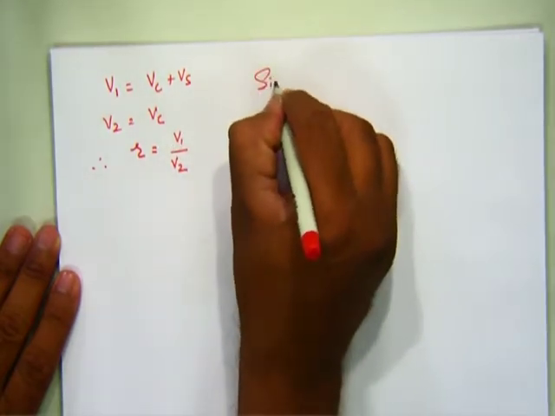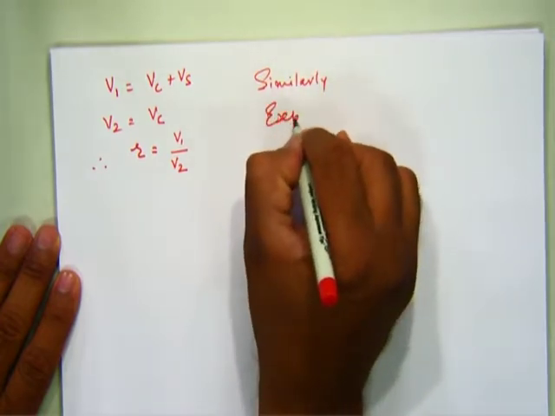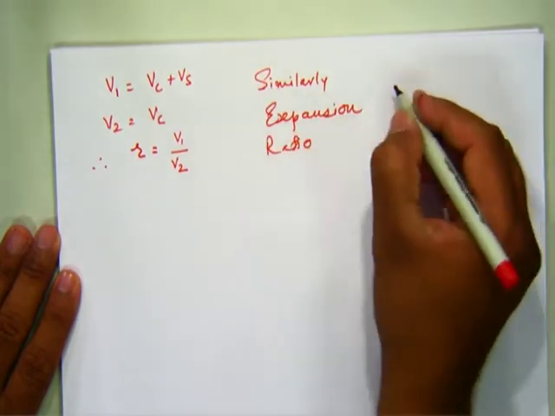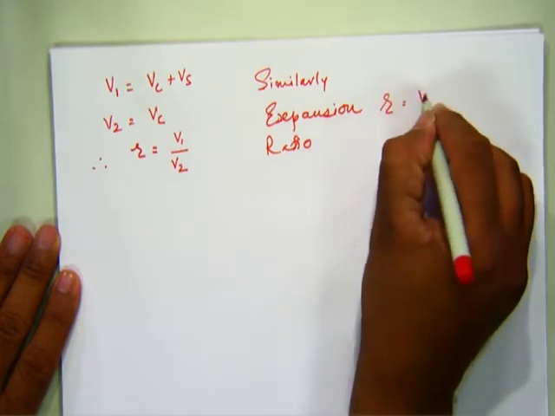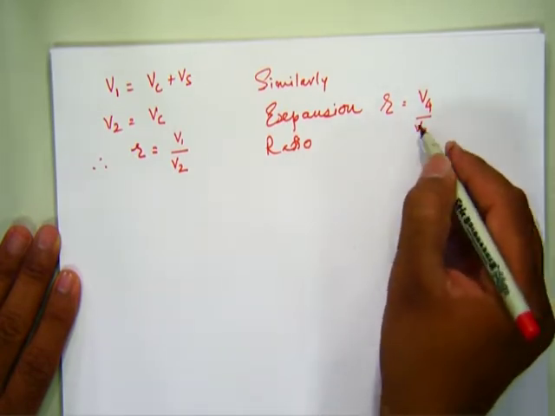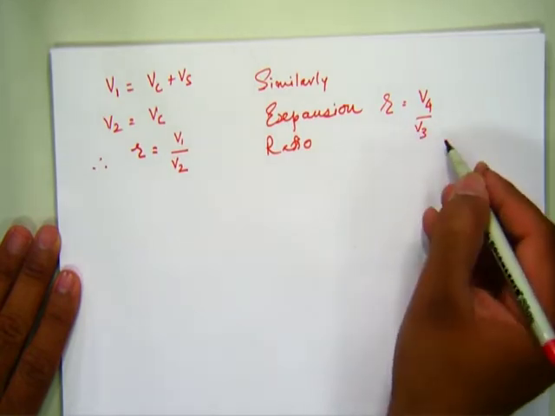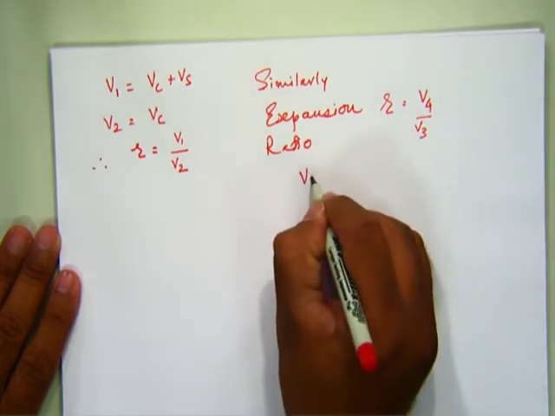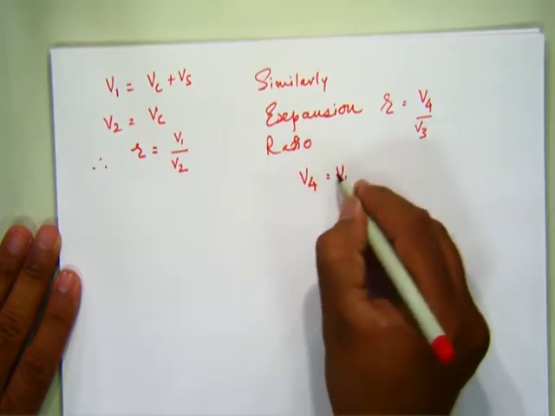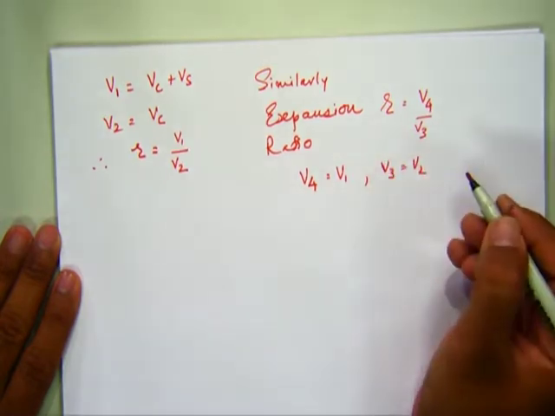Similarly, expansion ratio is equal to R is equal to V4 upon V3. Here V4 is equal to V1 and V3 is equal to V2.